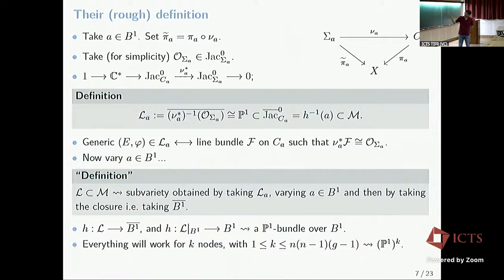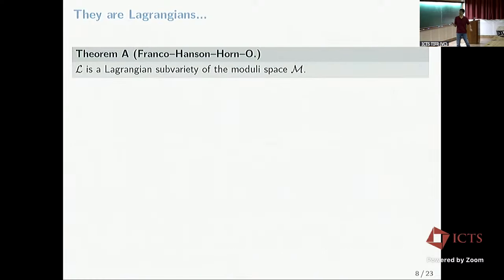But this also makes sense in the degenerate case, or let's say, for K equals 0. If you do this for K equals 0, then everything degenerates, and sigma A equals C_A, and what you get is precisely the Hitchin section, okay? So this is generalizing in some way the Hitchin section for these closed subvarieties of the base.